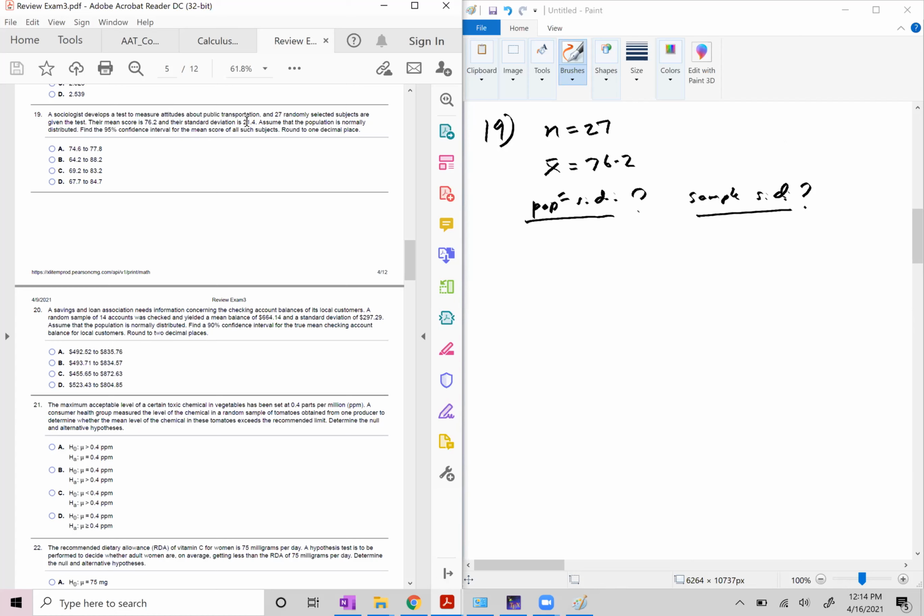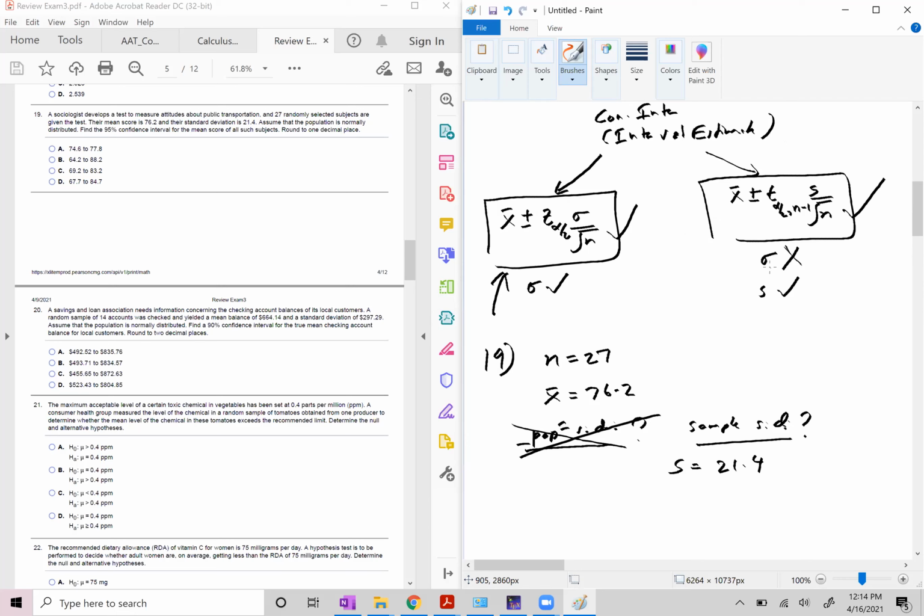So this is not a population standard deviation. Instead, we know s. S is 21.4. Now, out of these two equations, which one should you pick? Is it the first one or the second one?